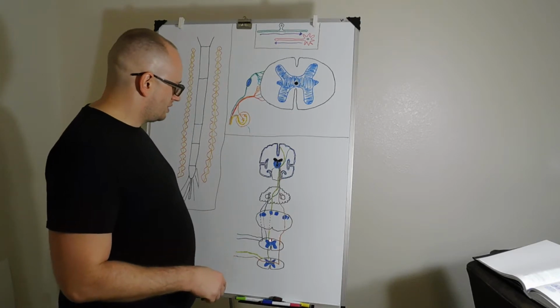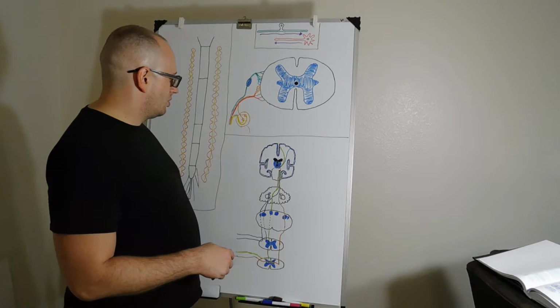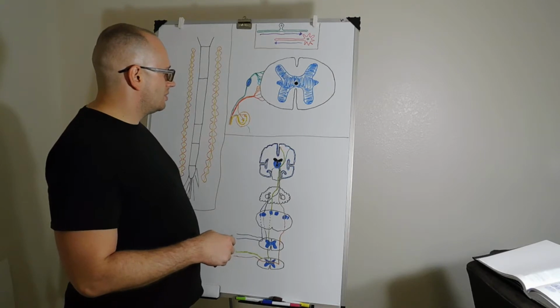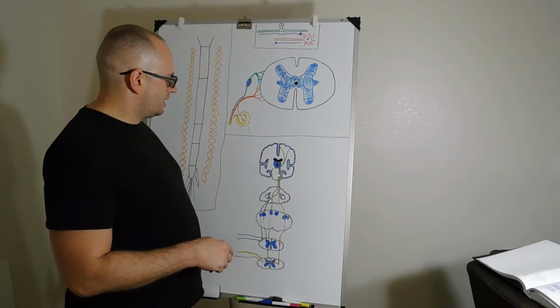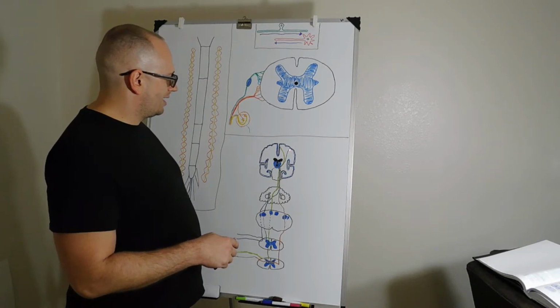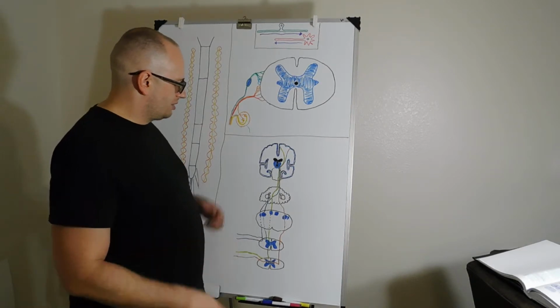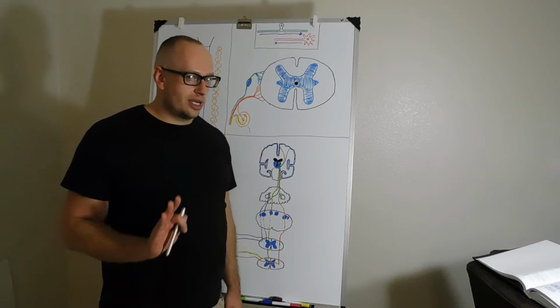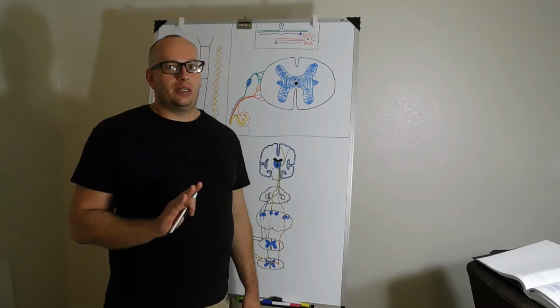So in the case of this yellow one, this came from the legs or the lower limbs, this goes up, the second order neuron synapses here, then it goes up to the cerebral cortex and the third order neuron. In the case of the arms, this goes a little bit more laterally up into the somatosensory cortex.